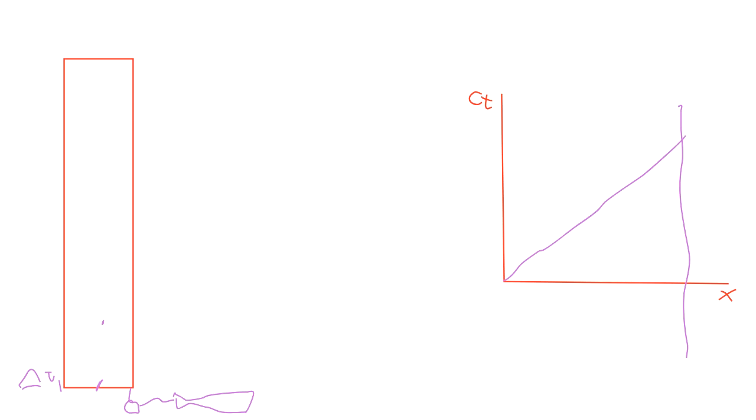The photon goes to the top of the building. And then at some later time, 5 seconds later, you have a photon go up. This is delta T1, and this is delta T2.